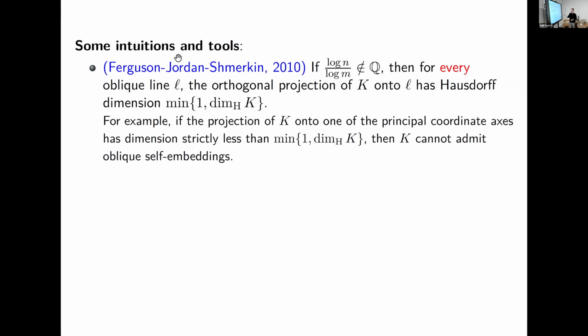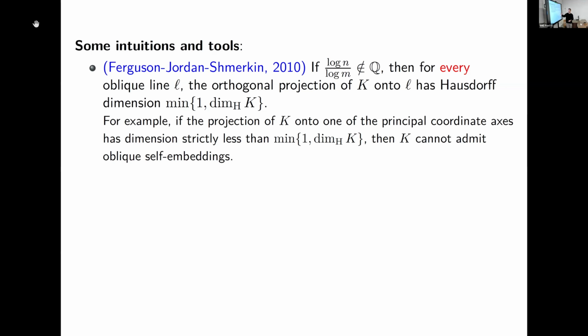So how will this projection theorem help us to deny some oblique self-embeddings of the carpet? For example, if the projection of the carpet onto one of the principal axes has dimension strictly less than this value, then of course the carpet cannot admit oblique self-embeddings, because an oblique self-embedding will rotate the carpet.